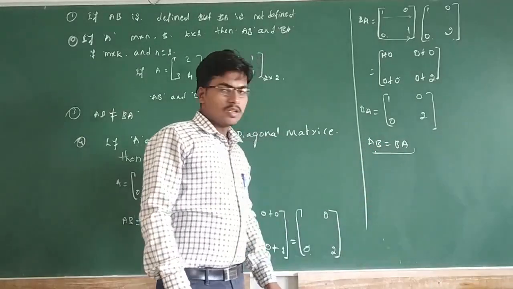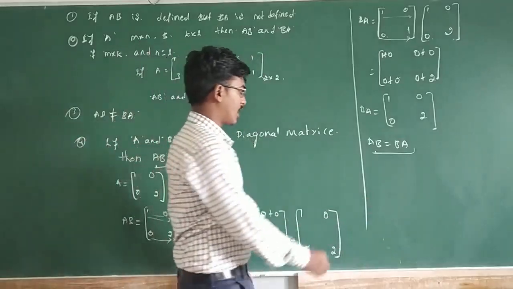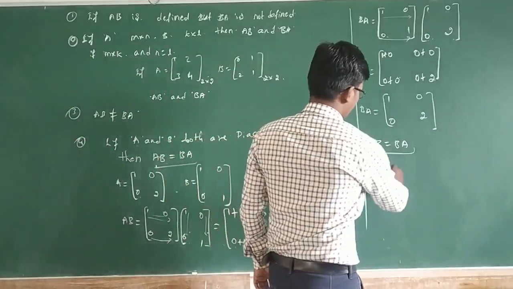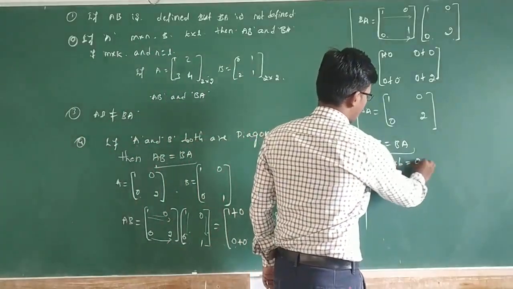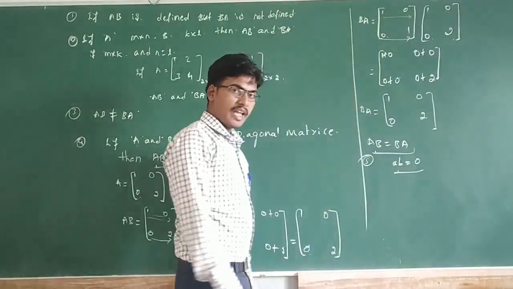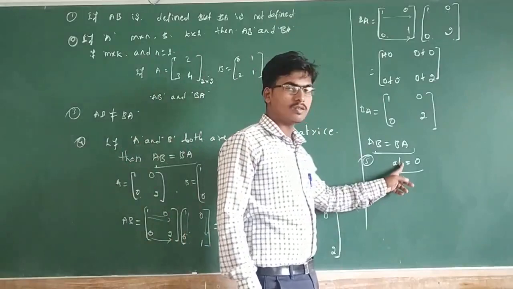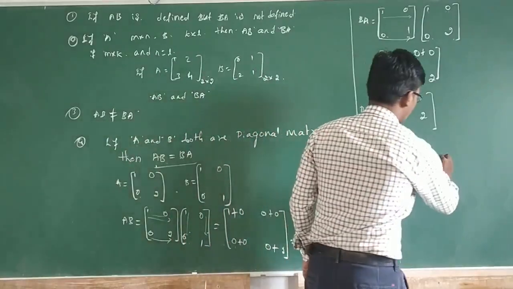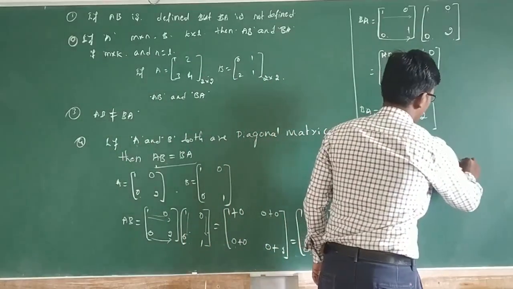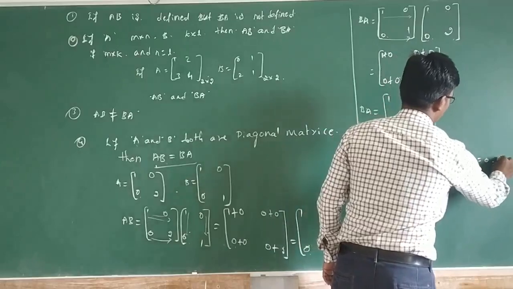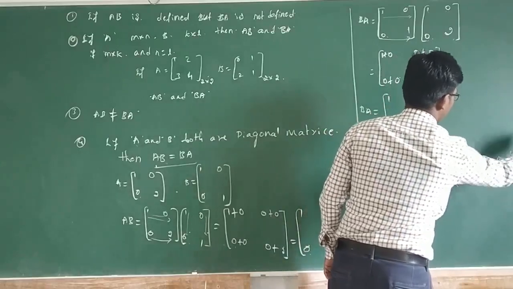After that, the next property. If AB is equal to 0, then either A is equal to 0 or B is equal to 0.